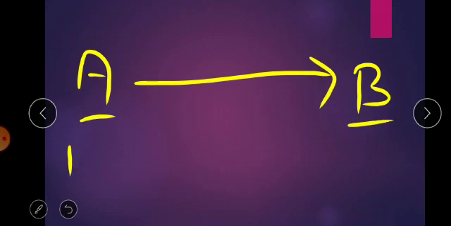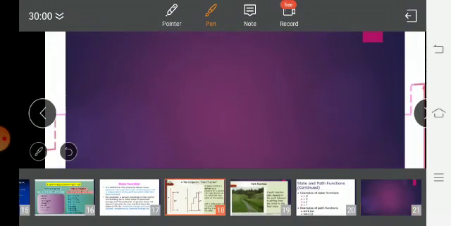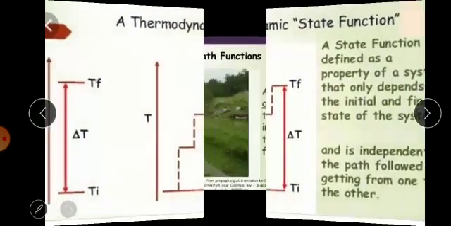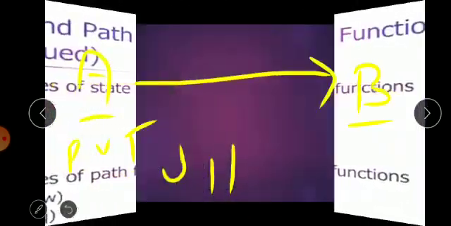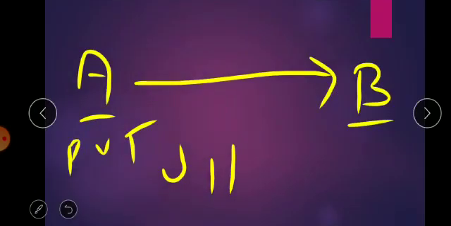So what will be the pressure, volume, temperature, as well as internal energy U, enthalpy H, as well as G? These are state functions.